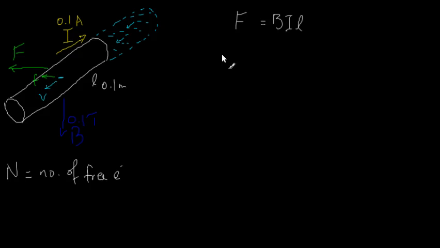And we know that if we know the total force on all the free electrons, and we know the number of electrons, the force on a single electron would just be total force divided by the total number.